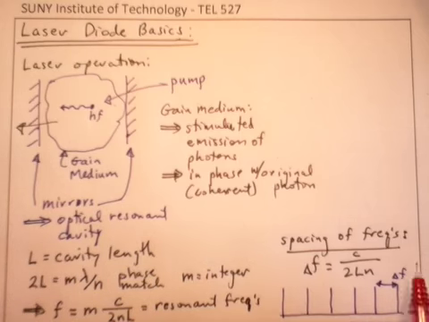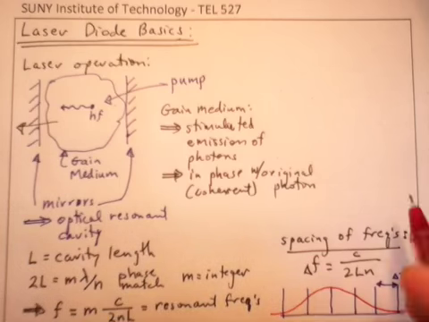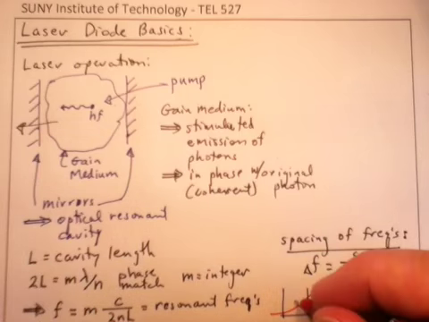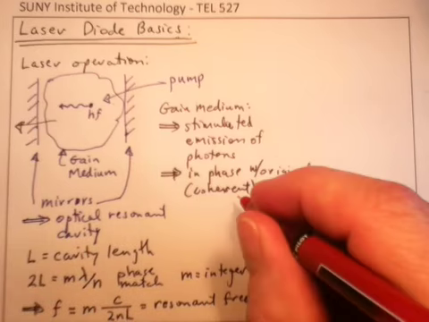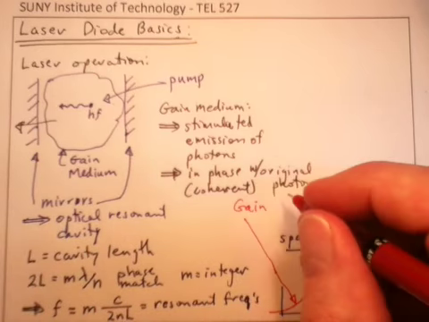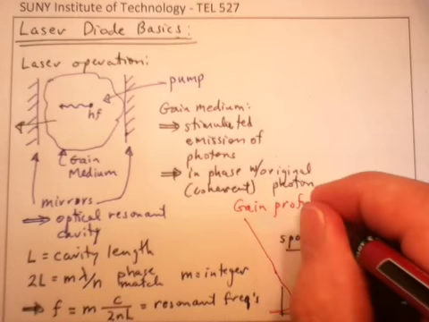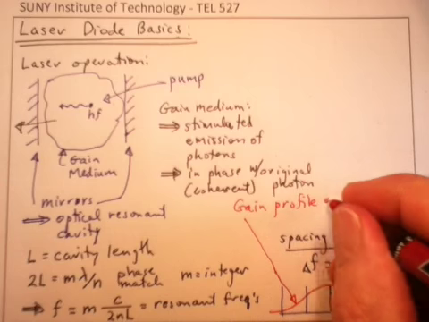So the gain medium has some curve associated with it, which says, okay, in this frequency range the gain medium works. Outside that frequency range it doesn't. And so if we have a gain medium with this curve in red here, and I'll label that, that is the gain profile of the gain medium.